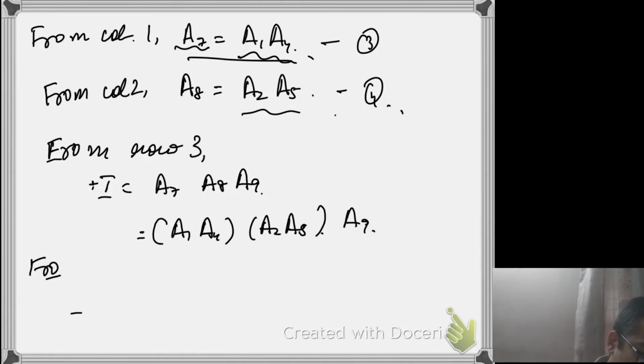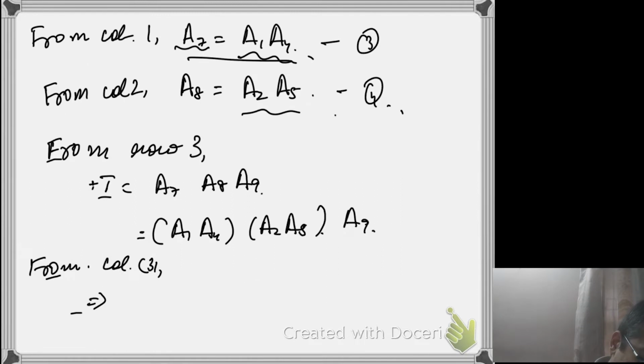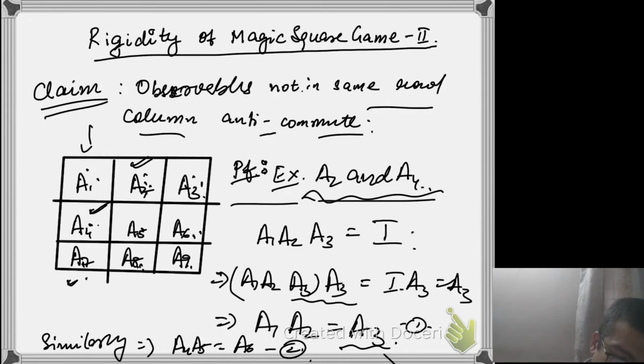And from column 3, what I get is that A3 A6 A9 must be minus I. A3 and A6 are obtained from equations 1 and 2, so I get A3 as A1 A2 and A6 as A4 A5.